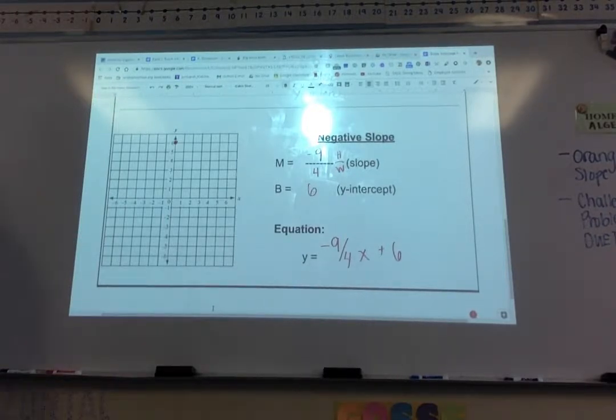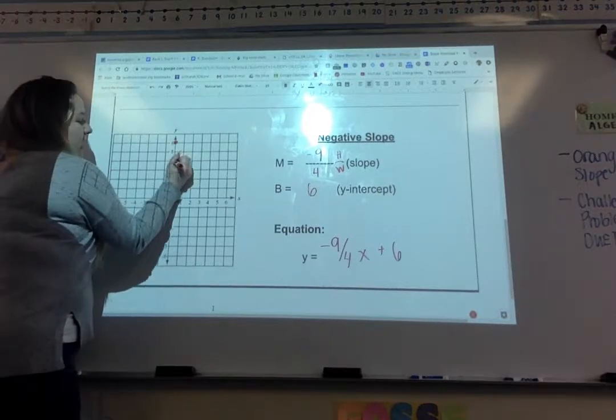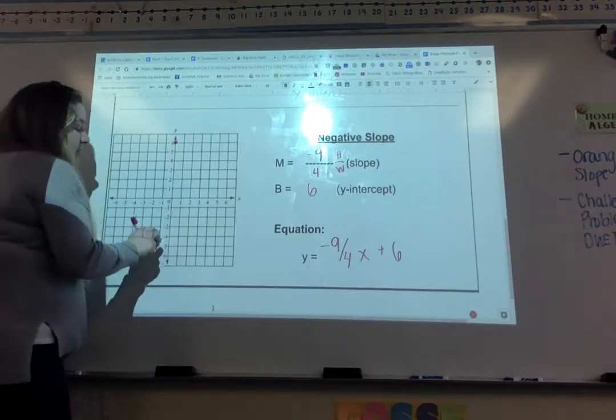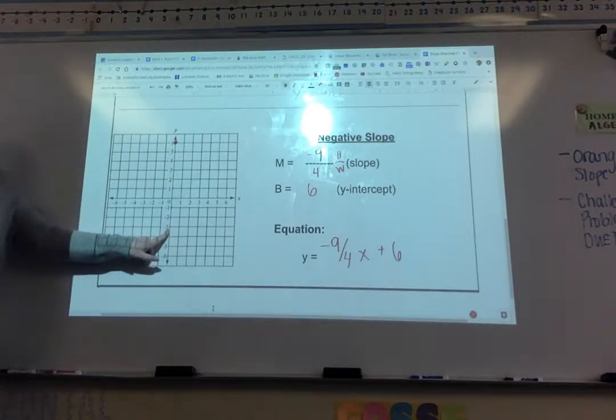All right. So now, how am I going to use my slope to plot a second point? Where am I going to go? Down. How many? 9. 1, 2, 3, 4, 5, 6, 7, 8, 9. So I've gone down 9, brought me to negative 3. Now where do I go? 4. Which direction? Right.